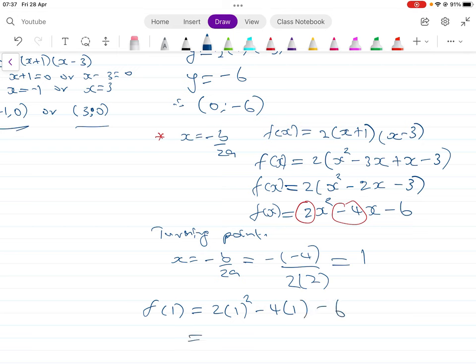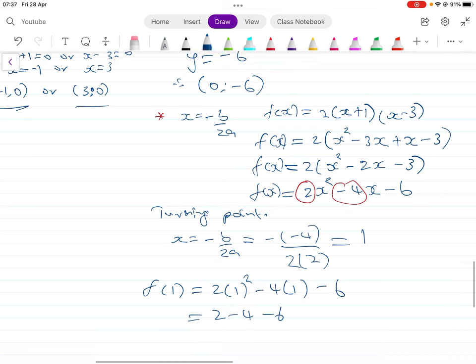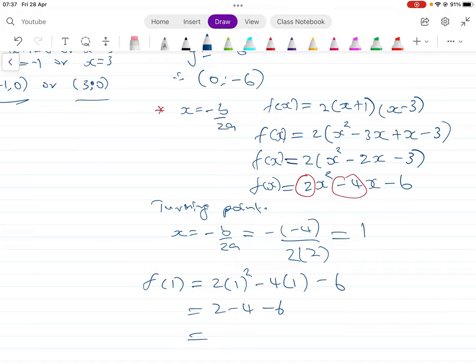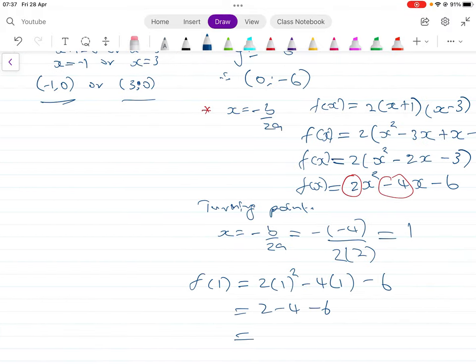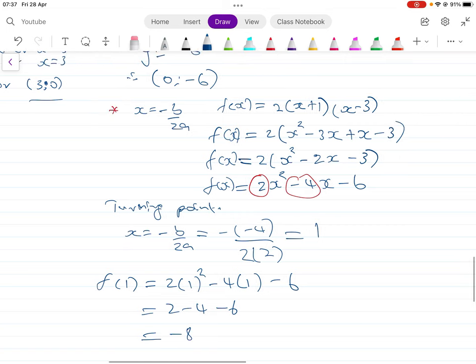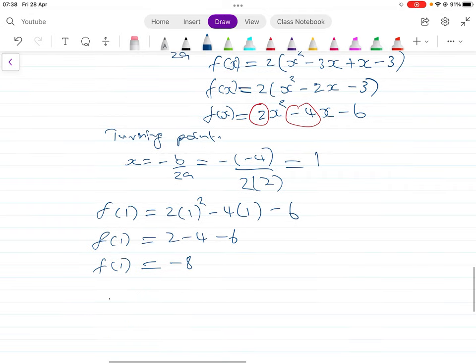What is that? That is, okay, 2 minus 4, and then minus 6. Okay, put everything on this. You were getting that negative 8 there. Okay, I hope that is what you are getting. 2 minus 4, that is negative 2. Negative 2 minus negative 6, that is negative 8. I hope you see that. So you now have the turning point. Therefore, turning point is 1 and negative 8.